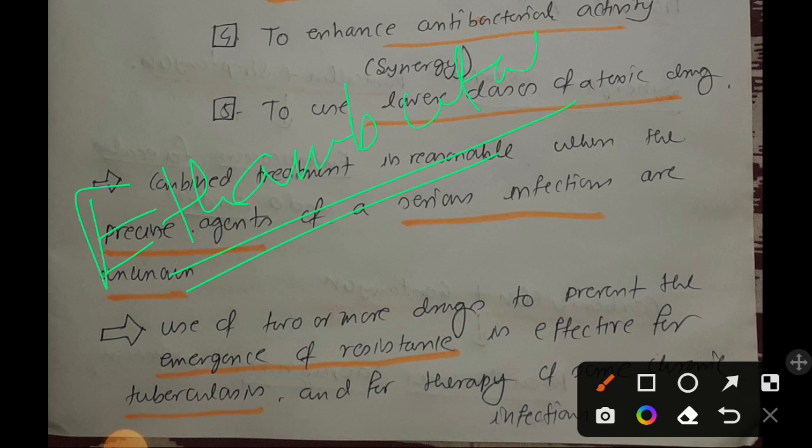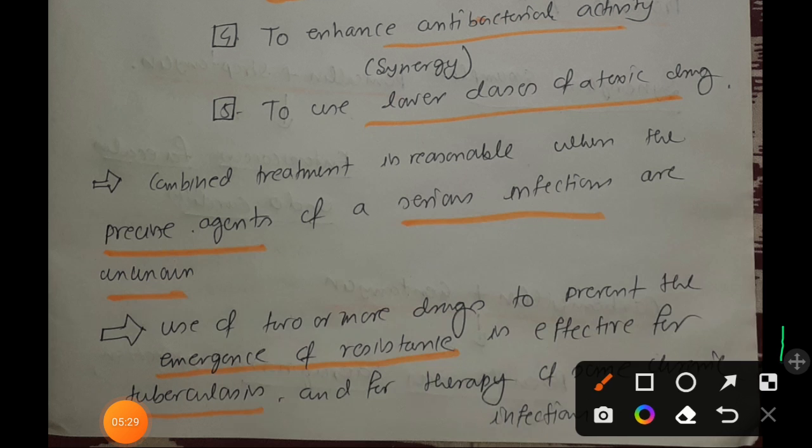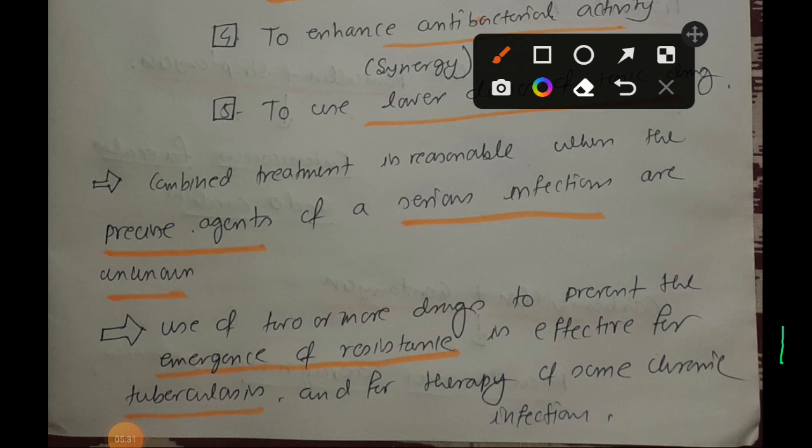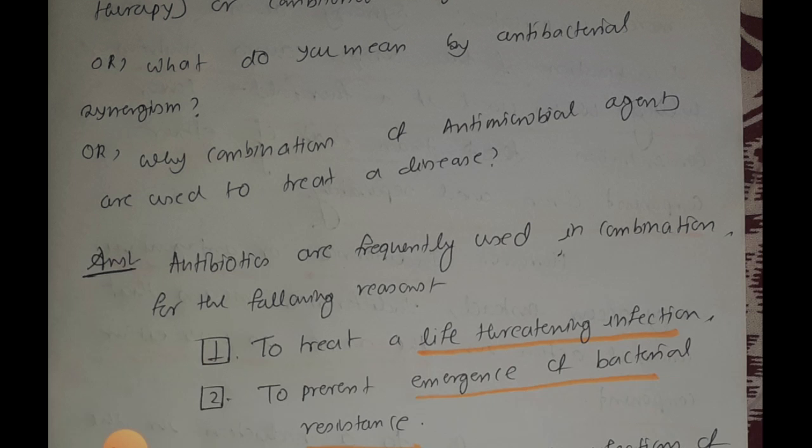Okay, mind it very carefully. Another important thing is that sometimes we also use this to prevent the emergence of bacterial resistance in the case of chronic infection therapy. Okay, so it is clear that we are using a mixture of antibiotics to get some benefit, right?